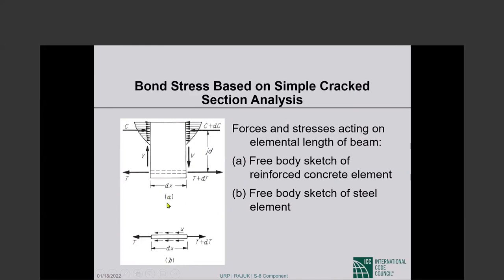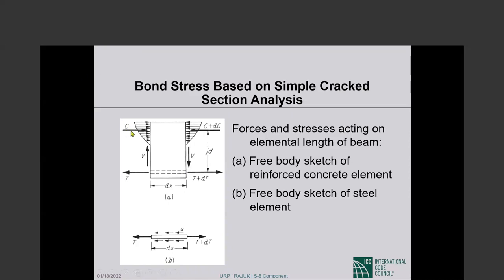Okay, as we did yesterday, we are taking a small portion of a beam, two sections that are distance dx apart. The tension in the steel at the left section is T. On the right section, it is T plus dT because the bending moment is a little bit different on the right section.